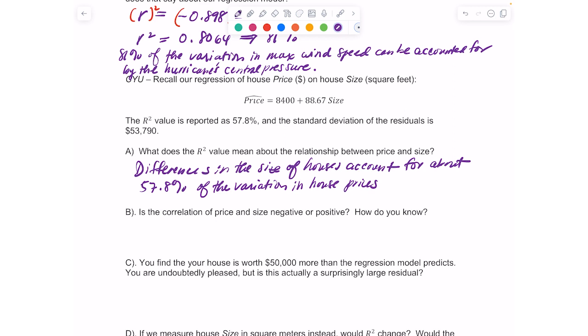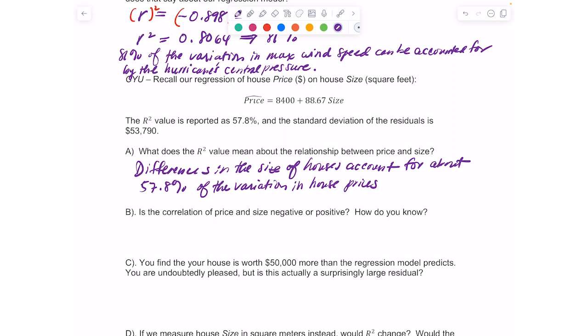So another way of looking at it is, the model predicts that about 57.8% of the variation in house prices can be accounted for by the house sizes. So the other variation in prices could be inflation, other factors like the area that the house is located in, etc.